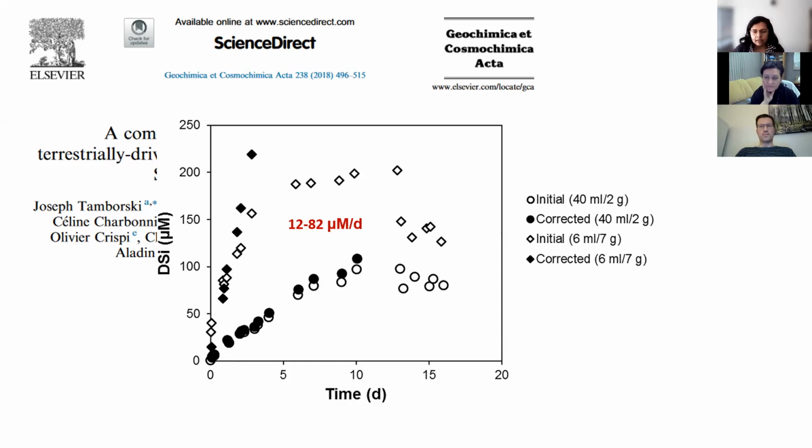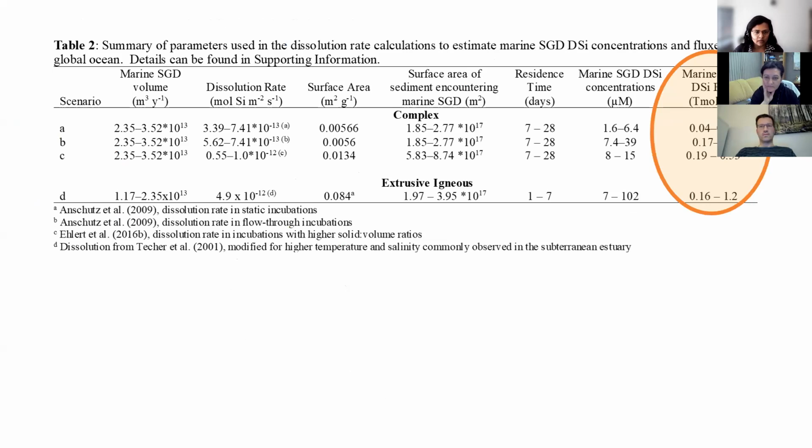So compiling these dissolution rates that we saw in the literature with a range of marine SGD values for a particular endmember lithology, we arrive at an estimate of DSi inputs from marine SGD for a particular residence time.